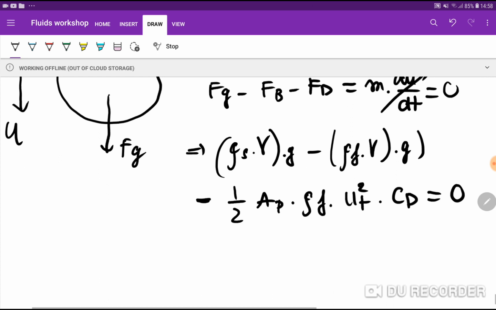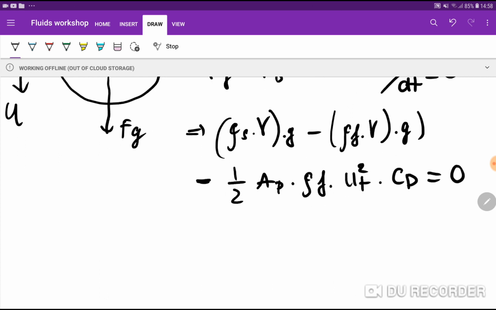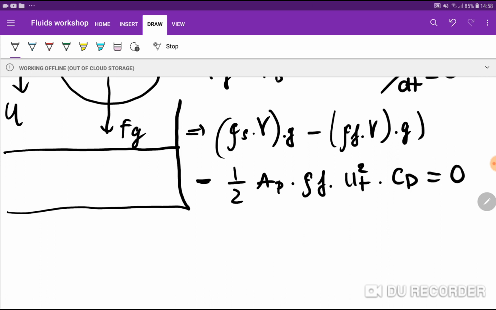And what's that volume again? Our volume is always pi d cubed over 6. It's always like that for a spear.